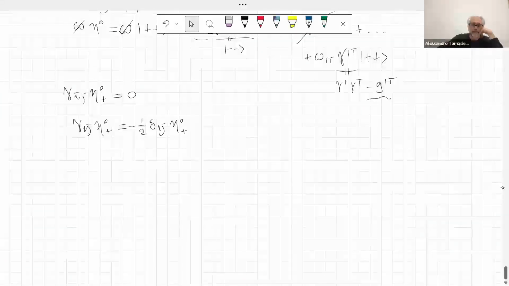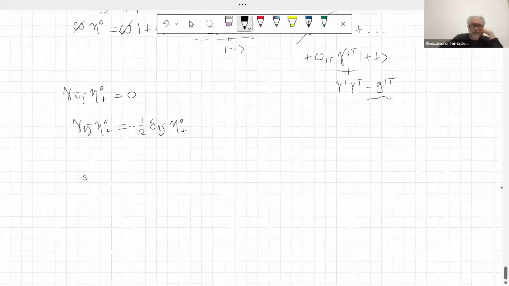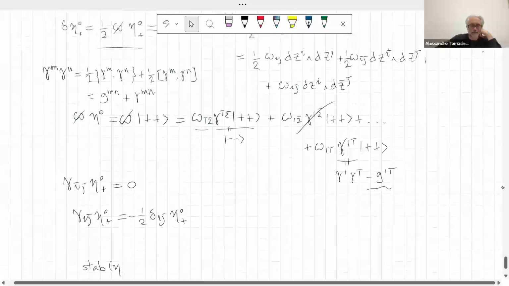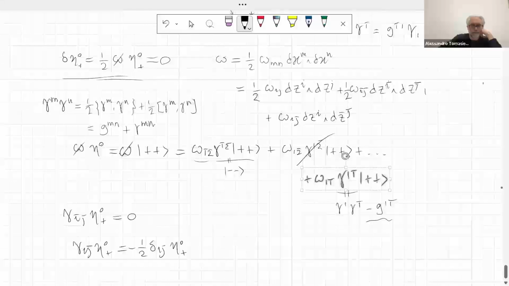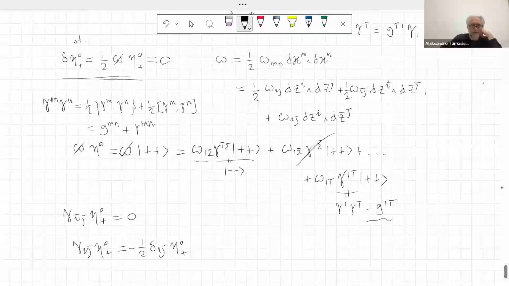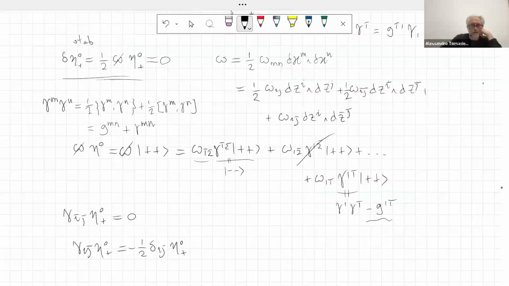And the final result is that the stabilizer, the Lie algebra, let's say I write here S with lowercase to tell us that this is now the space of omegas.